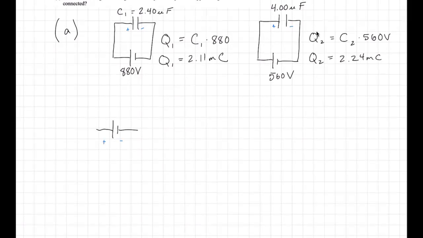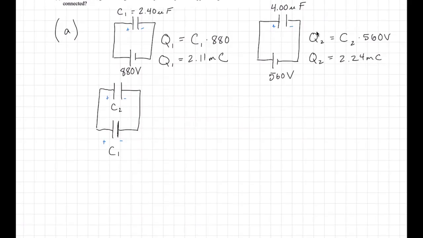And then I hook it up to the other capacitor, that was C1, here's C2. Then I'm hooking up the positive plate there to the positive plate there, and the negative to the negative. So that's the circuit that I'm creating now, which is a little bit weird.